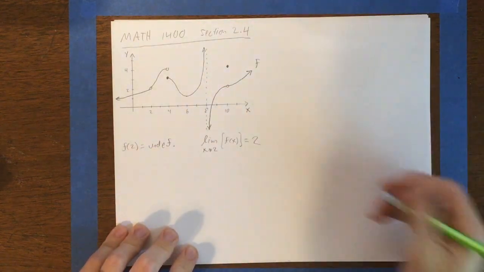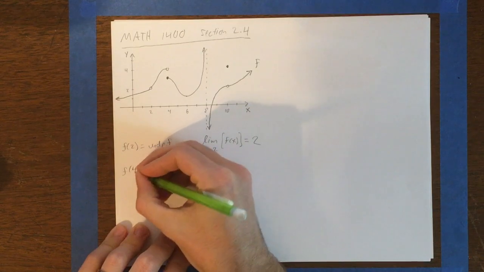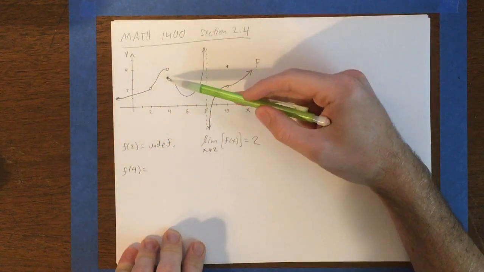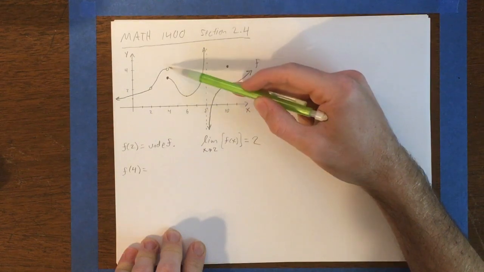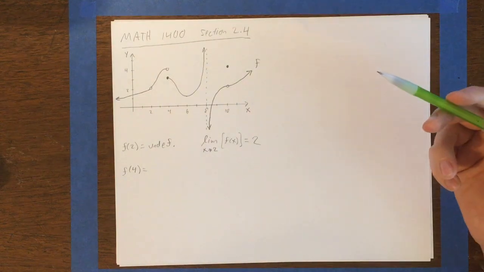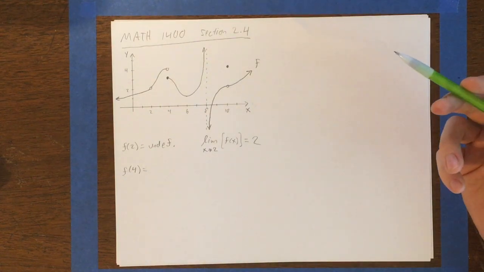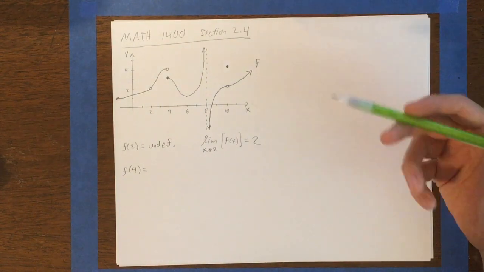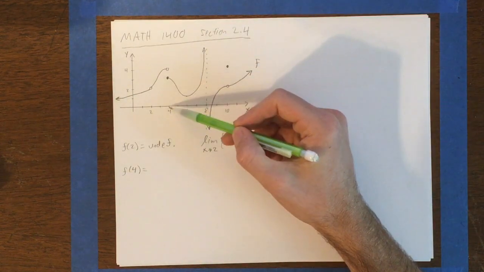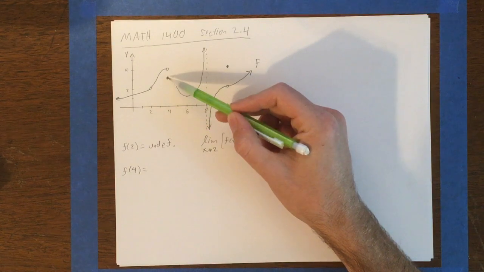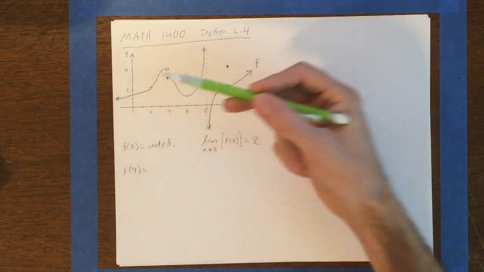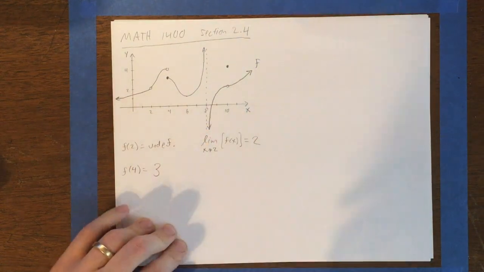Okay, let's look at what's going on at 4. What's f of 4? At 4, right up here, we see there's 2 points. One of them is open and one of them is closed. You can't have 2 closed points because then the function would be defined with 2 different output values for the same input. It would not be a function, in other words. But this is fine. The output value for x equals 4 is going to be determined by the closed circle here. So that would be when y is 3. So f of 4 in this case is 3.